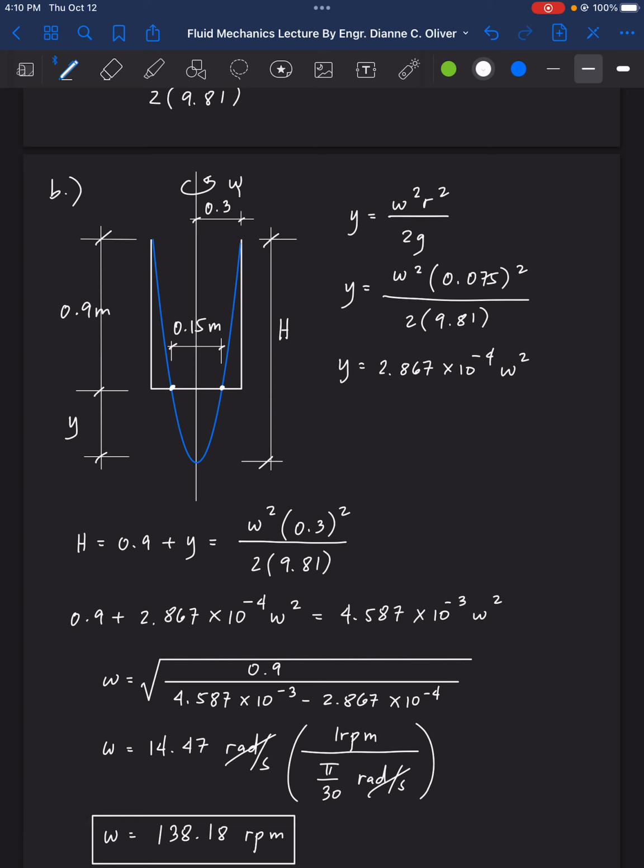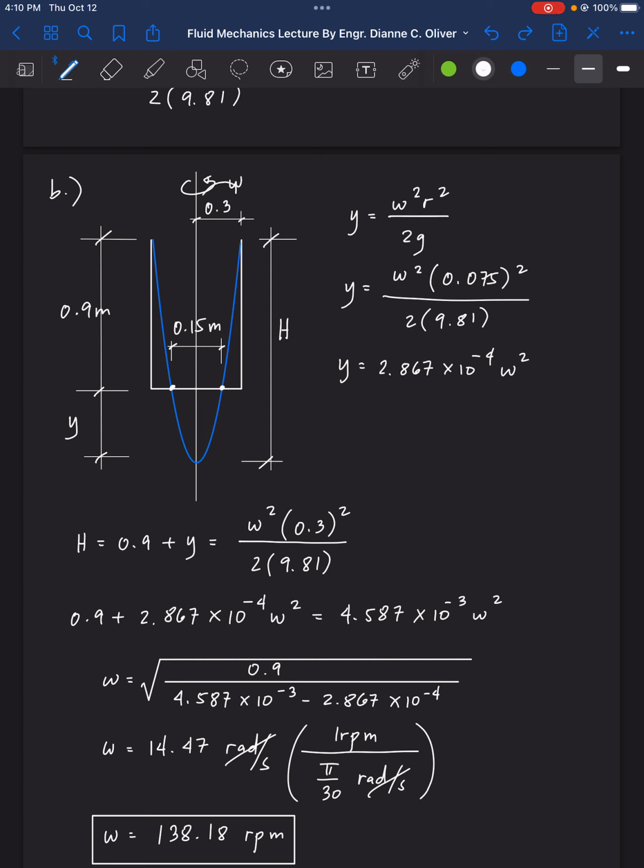The square of the radius of the bigger paraboloid over the height of the bigger paraboloid is equal to the radius squared of the smaller parabola over the height of the smaller parabola.